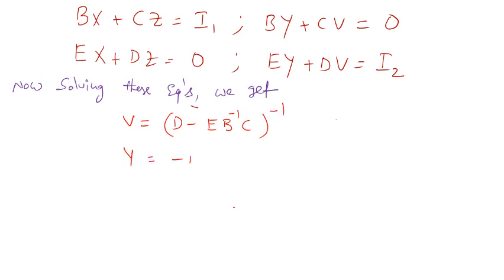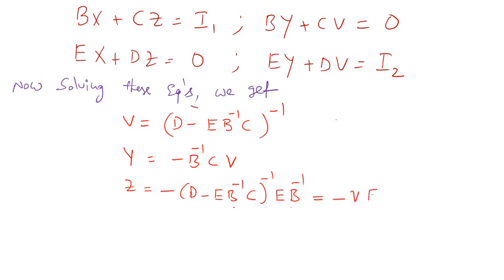Y matrix is minus B inverse C V, and Z matrix is minus (D minus E B inverse C) whole inverse multiplied by E B inverse, that is, minus V E B inverse.